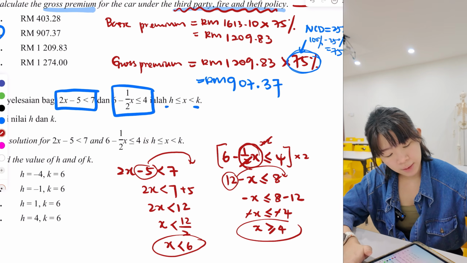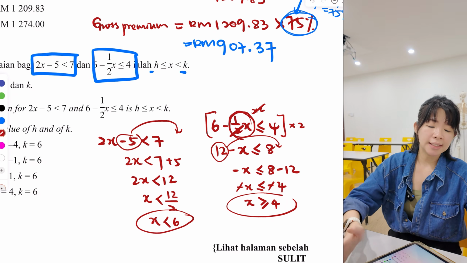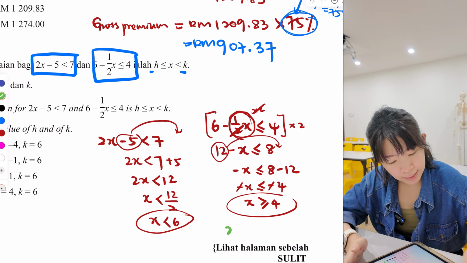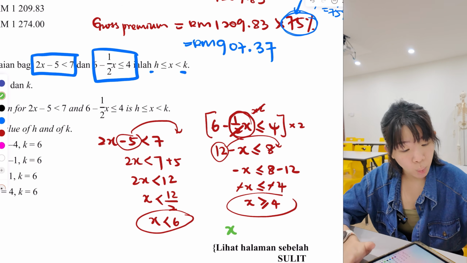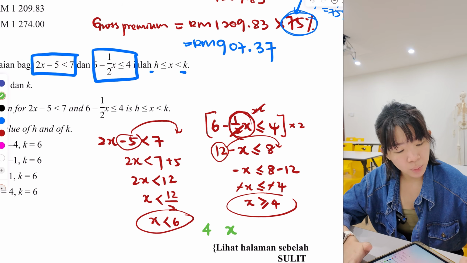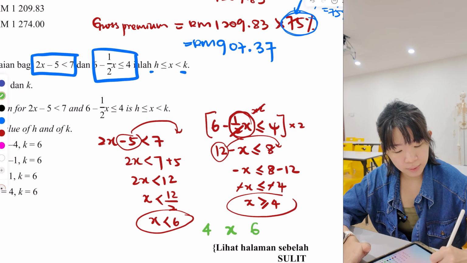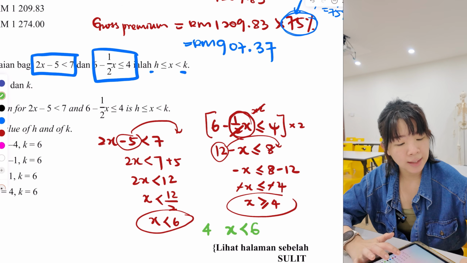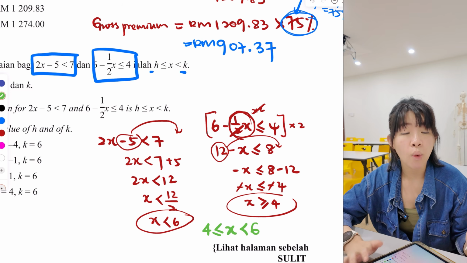Now combine these two: x less than 6, x more than or equal to 4. So we can put the x in the middle. Smaller number always on the left, 4. Bigger number always on the right. Then follow the symbols: x less than 6, x more than or equal to 4.